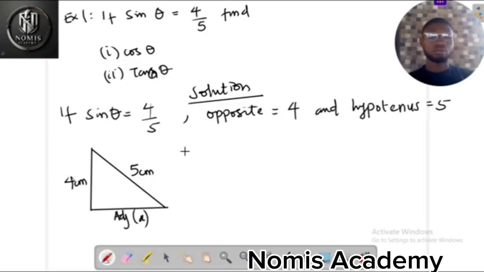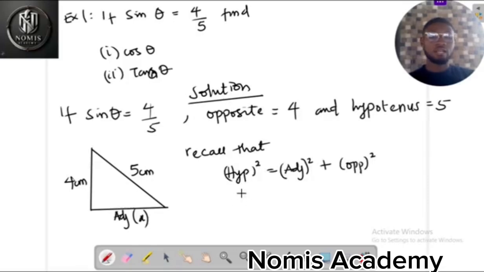You will need to recall that hypotenuse squared is equal to adjacent squared plus opposite squared. So 5 centimeters all squared equals x centimeters squared plus 4 centimeters squared.